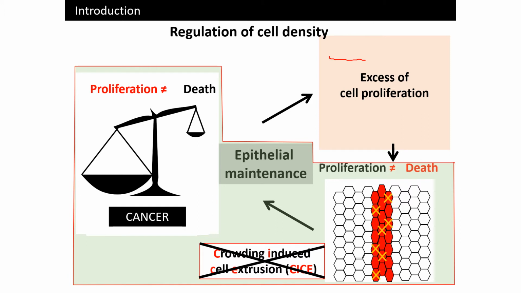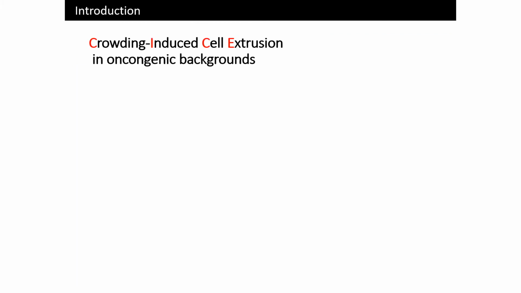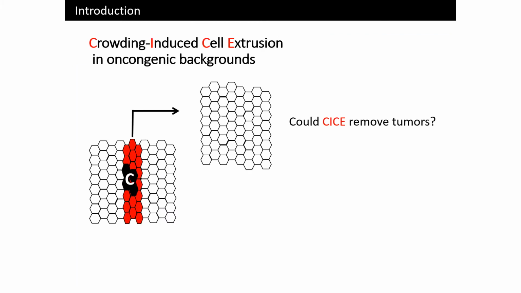So in the following papers, what they did is, let's use fruit flies with genes that we found in human cancers and see what happens. So they created pieces of tissue that have these genes.